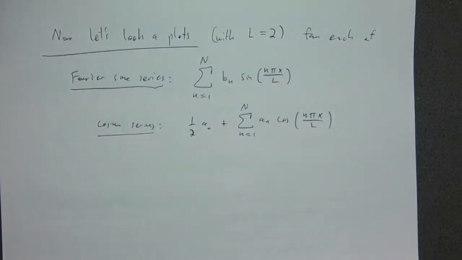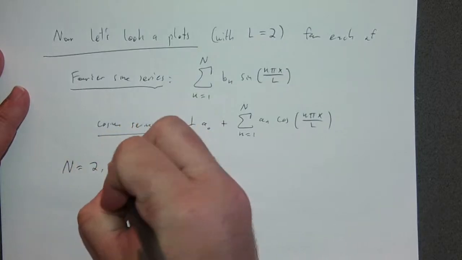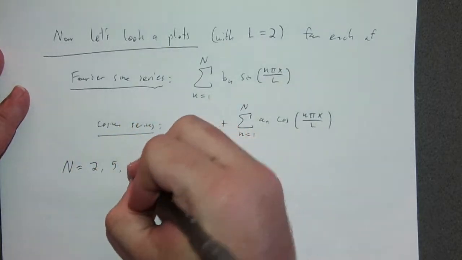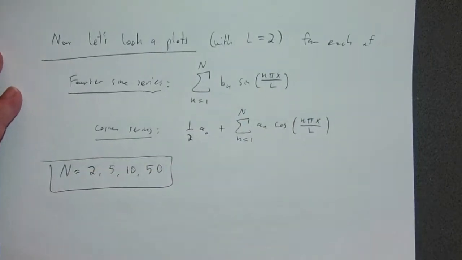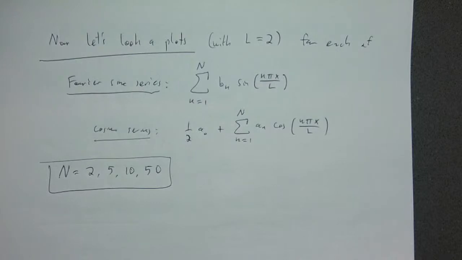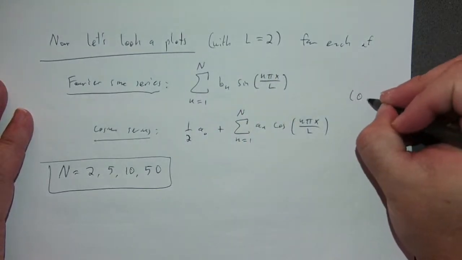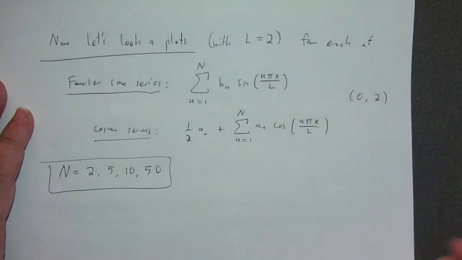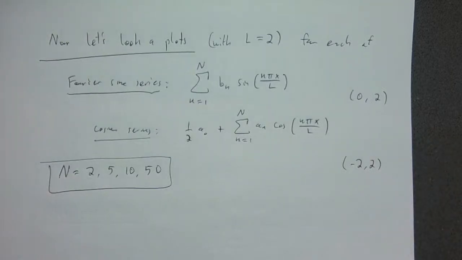All right, so for this example, let's do N equals 2, 5, 10, and 50 to see what's going on here. These would be on the interval 0 to 2, and the full Fourier series would be on the interval -2 to 2.